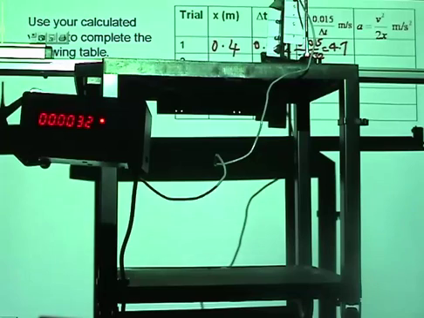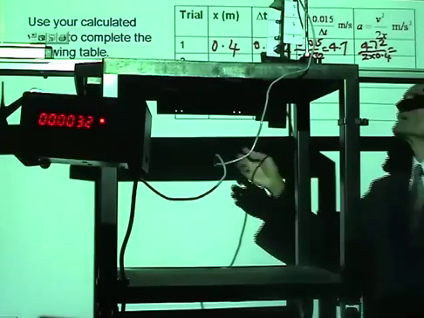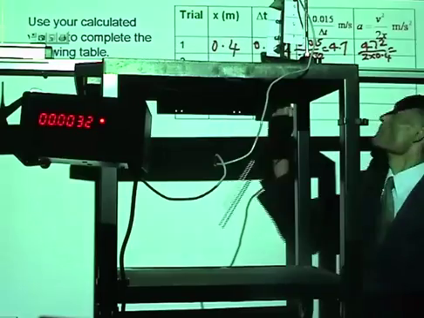Now calculate the acceleration. Now v squared, our v is 4.7. So come here and say 4.7 squared divided by 2x. x is 0.4. I hope you are following these.